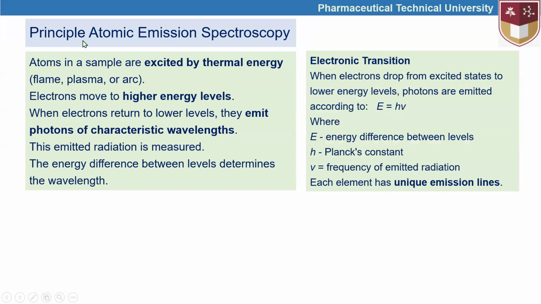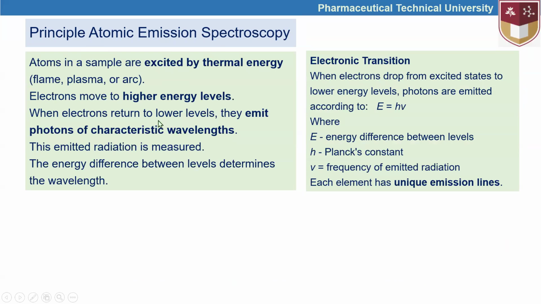And now we are going to turn to principles of atomic emission spectroscopy. Atoms in a sample are excited by thermal energy. That thermal energy can be given as flame, plasma, or arc. And electrons move to higher energy levels from their ground state.